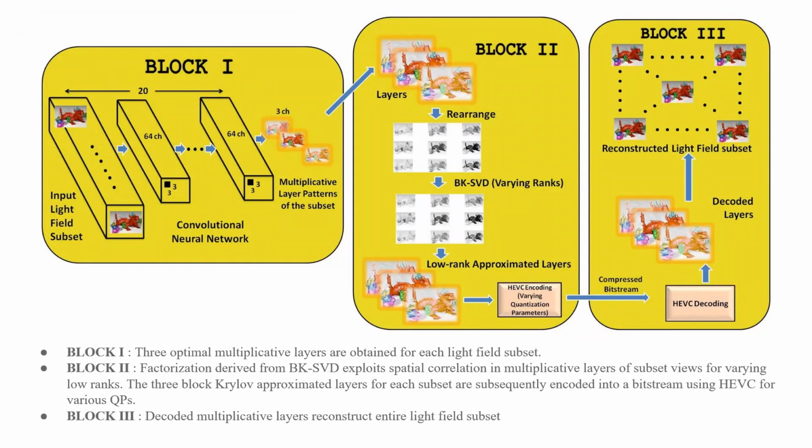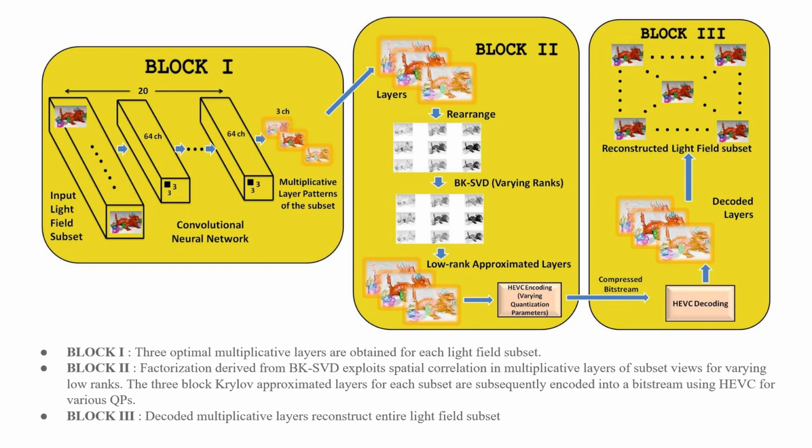Here, we have shown the expansion of component 1 into 3 further blocks. As stated before, this component performs the low rank approximation of the different subsets of the input light field. Here, block 1 represents a convolutional neural network that converts the light field views of the input subsets into 3 optimal multiplicative layers.